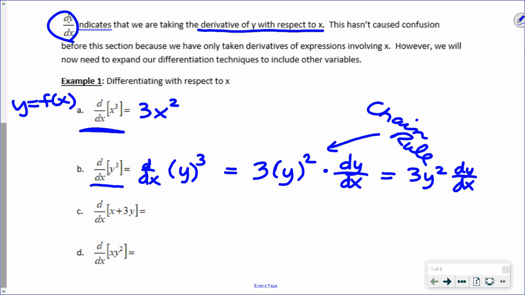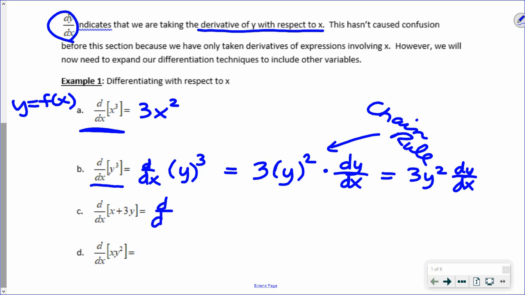All right, so let's look at C for a minute. This is asking us to find the derivative of x plus 3y with respect to x. Now, we can use some of our derivative properties here. If we're finding the derivative of a sum, we can just make it the sum of the derivatives.